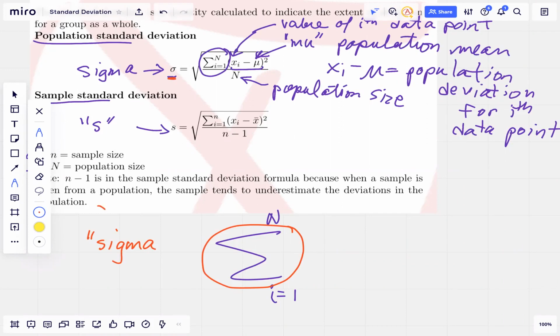So this is capital sigma, and this is lowercase sigma. So what does sigma represent in math? It represents sum.